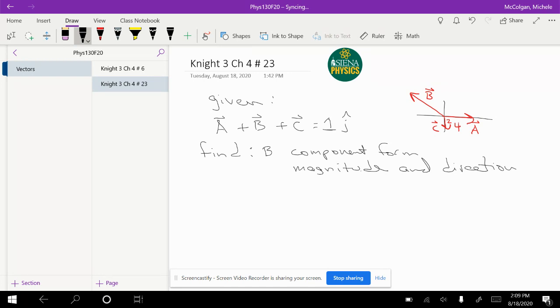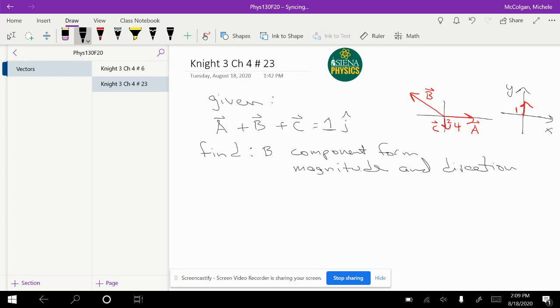If we just think about our equation and add up these vectors A, B, and C, we know that we should have our net vector as just 1 in the j direction, and j just means it's in the y direction. So this is the y axis and this is the x-axis.